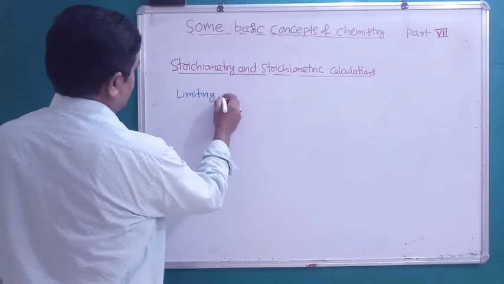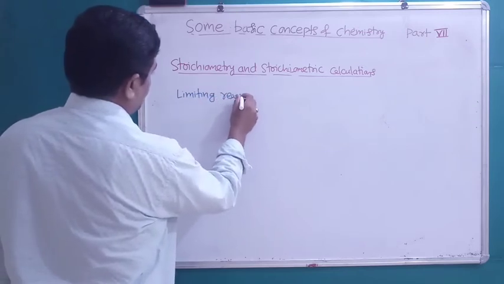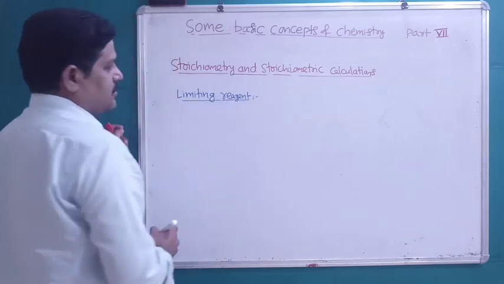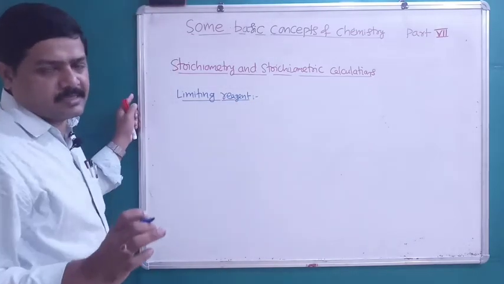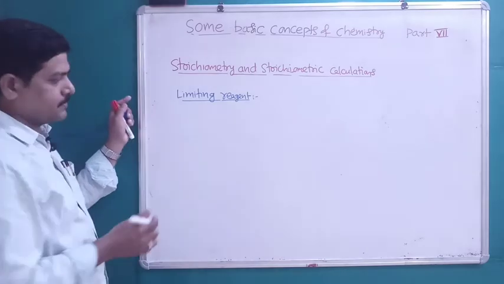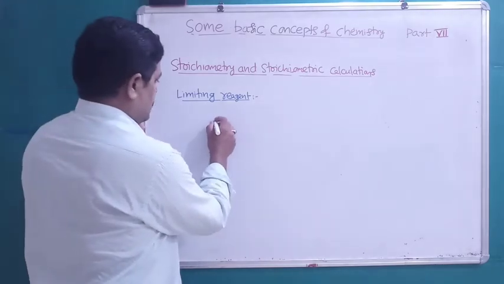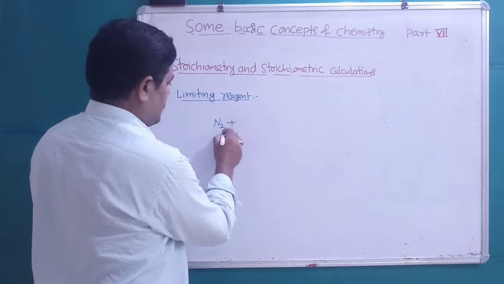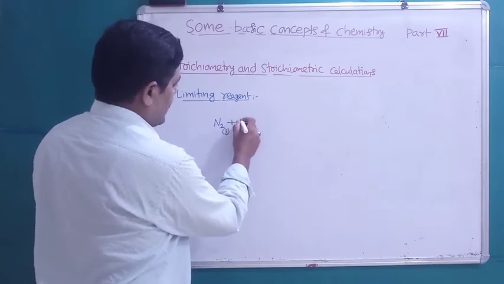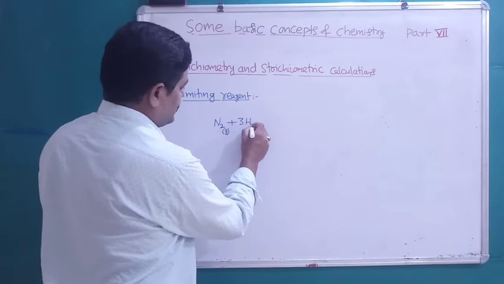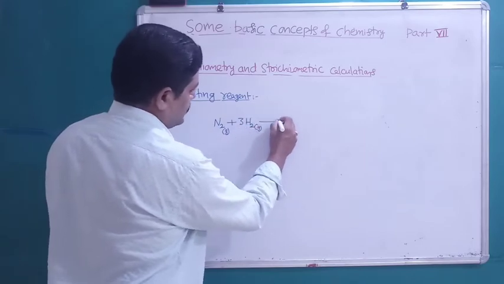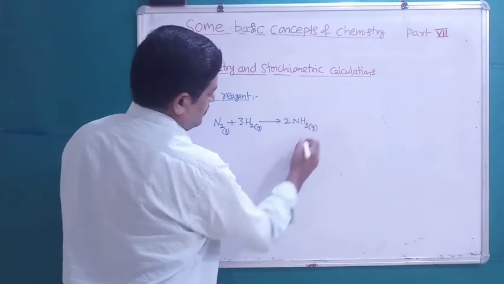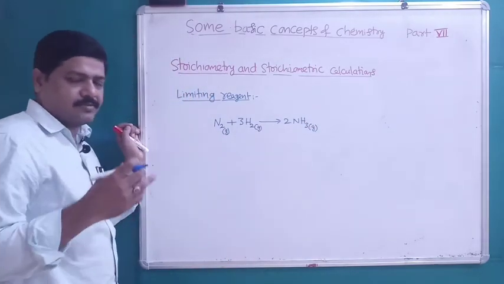For example, we want to prepare ammonia gas from the Haber process. The balanced equation for the Haber process is N2 gas plus 3H2 gas gives 2NH3 gas. We want to prepare the ammonia gas.